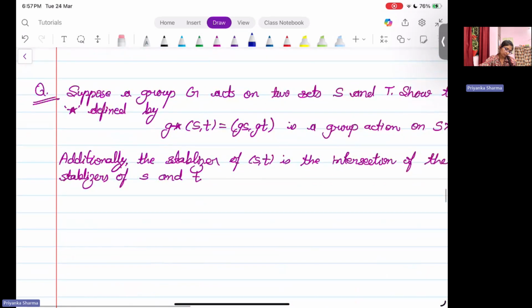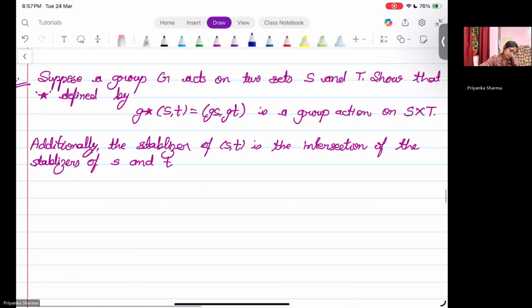Now come to the second question. Suppose G is a group and it acts on two sets S and T. Then show that the map star defined by g star (s, t) as (gs, gt) is a group action on S cross T. So S and T are two sets on which the group G is acting.